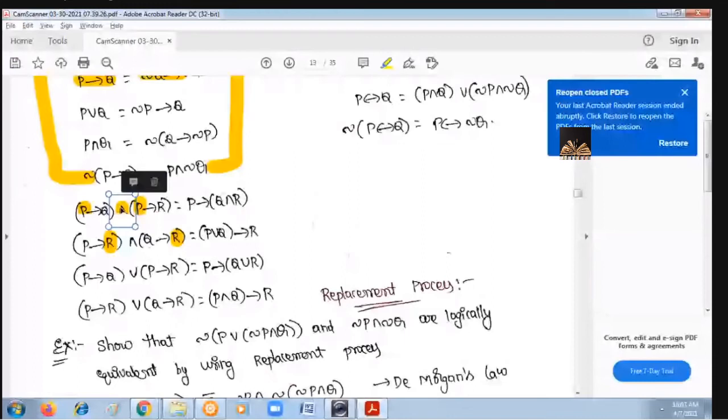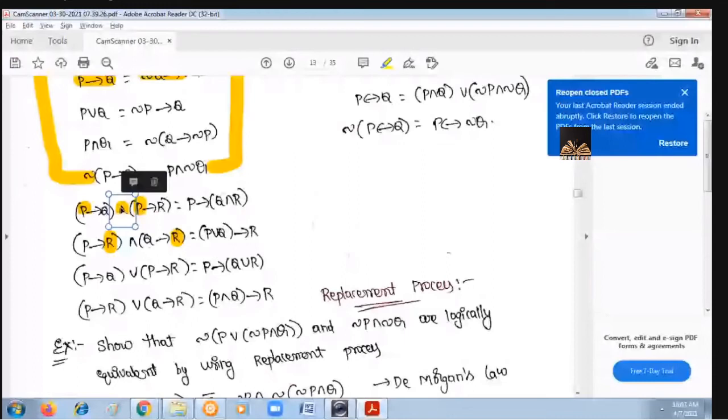But whenever the hypotheses are different, this conjunction symbol changes to the or symbol. Now it becomes P or Q tends to R.